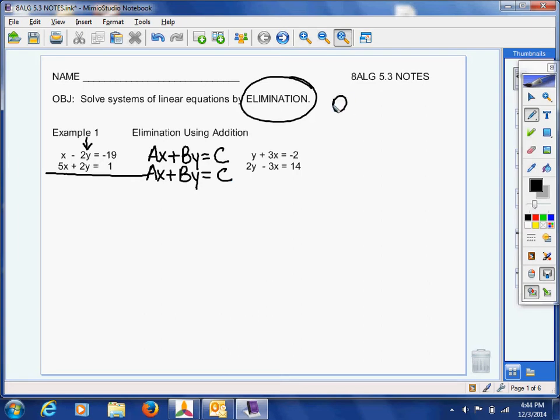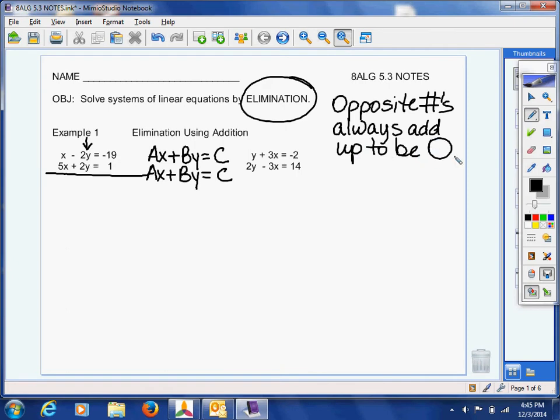Now, what do you remember about opposite numbers? I hope I've said this and worn it out, but opposite numbers always add up to be what? And I hope you said 0, because that is what happens. So if I asked you, what's negative 7 plus 7?